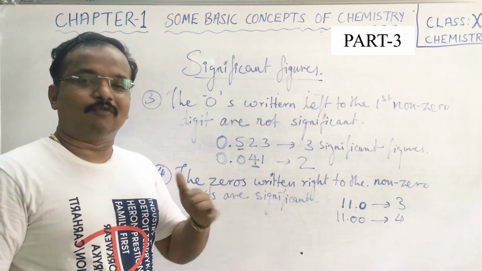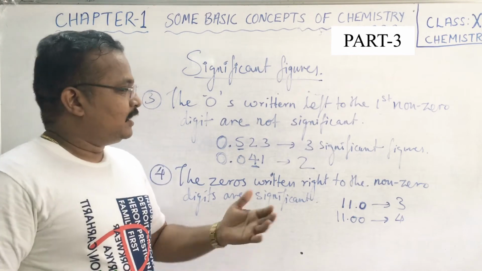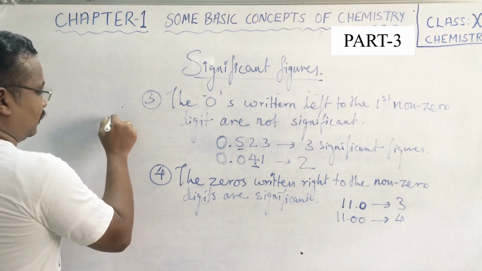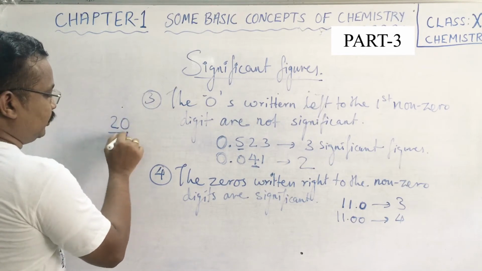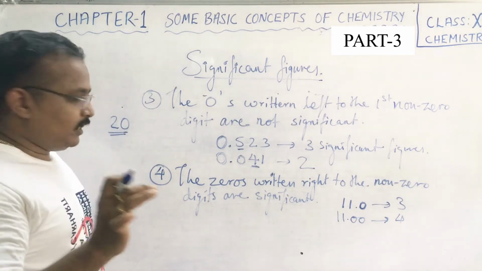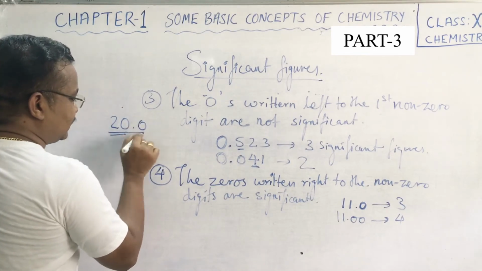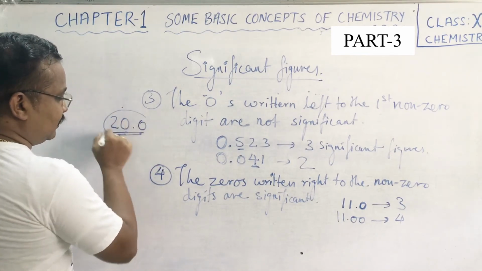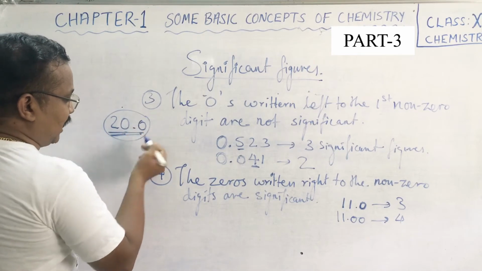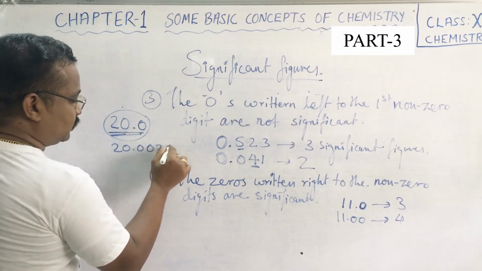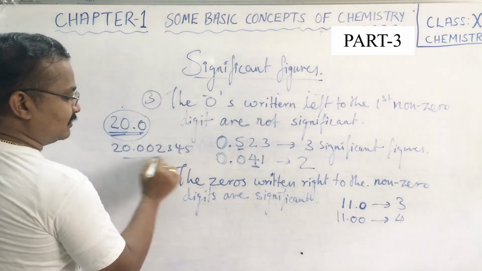Children, what is the importance? Suppose you write a value as simply 20. 20 means it is 20, but if you write 20.0, this means it is significant up to this point 0. Otherwise, it can be 20.0, 2, 3, 4, 5, something like that.